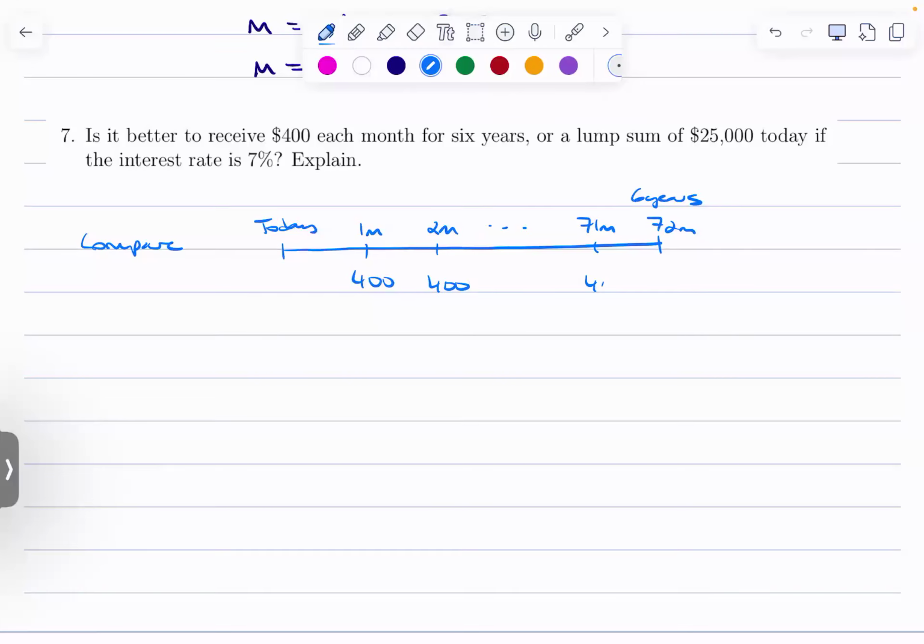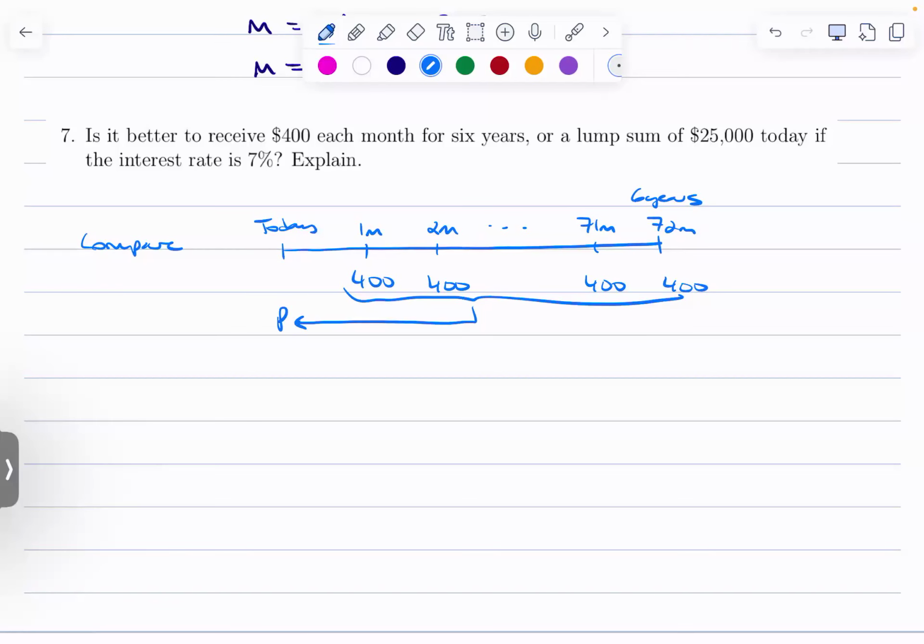Oh, 4,000, that'd be nice. Those $400 are worth something today, right? They're not worth 400 times 72. They're worth less than that, right? But that's the amount that we want to compare to 25,000.